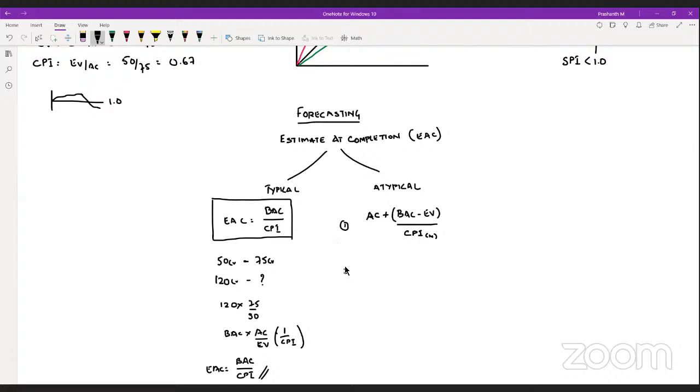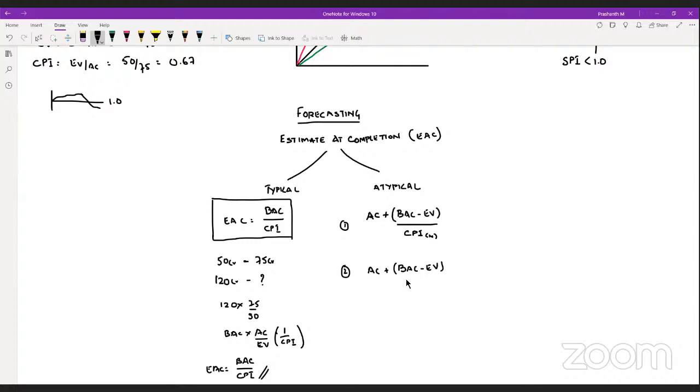This is the first possibility. Now the second possibility is if the project manager says, whatever has happened till now has happened, I have removed all the obstacles, and now the remaining work I will complete at the original planned rate. What is the original planned rate? The rate at which you are supposed to go ideally. CPI should be how much if everything goes as per plan? 1.